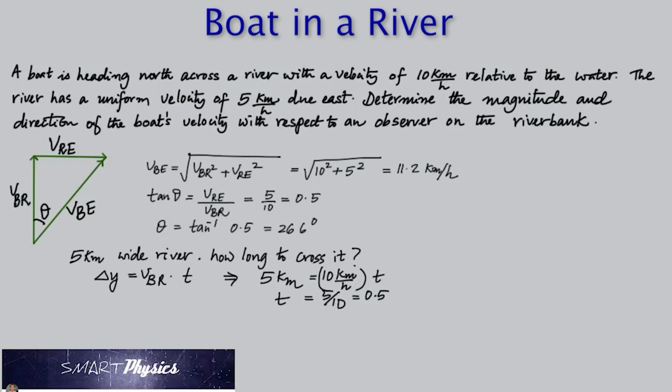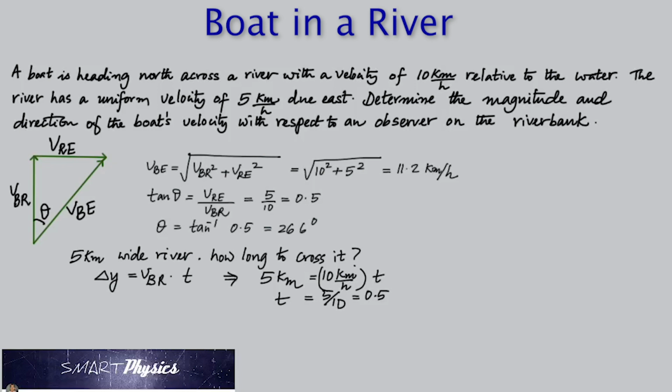How long will it take for the boat to cross this river? Well, that's real simple because now you know that the width of the river is given as 5 kilometers, and we know the velocity along that direction, which is 10 kilometers per hour.